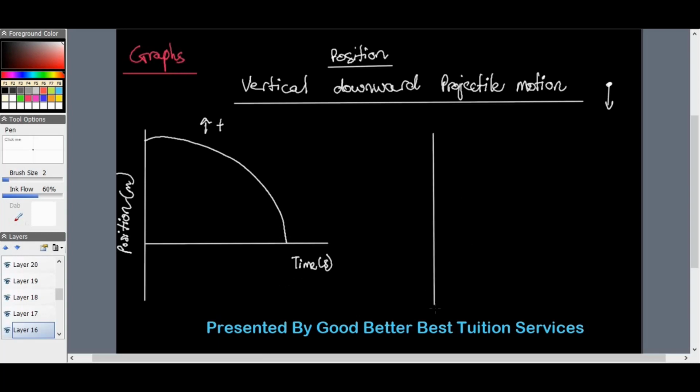However, if you decided to take downwards as positive, the graphs can obviously look slightly different. I need to just make this line a little higher.